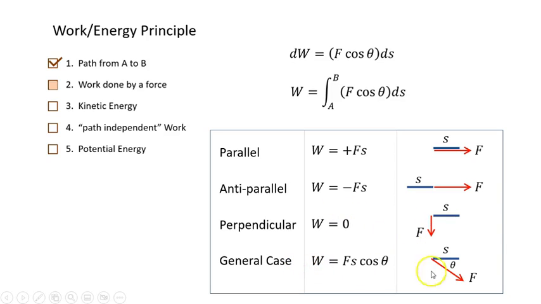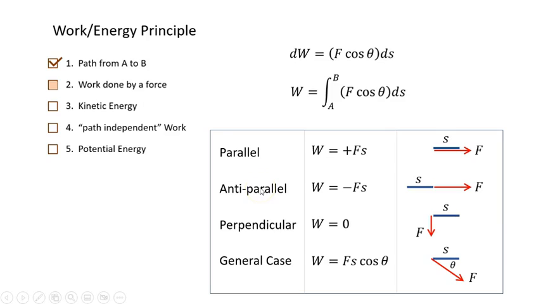And then the general case, a straight line distance s, a force with an angle. We saw that F cos theta times s, or Fs cos theta, would be the work. One last point is the general case explains the three previous cases where the parallel case is theta equals 0.